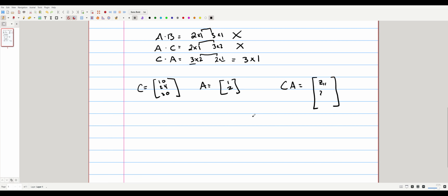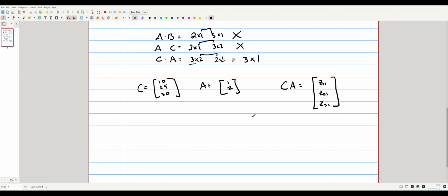This is the second row, first column, third row, first column. And so on the matrix on the left, the first number corresponds to what row you're going to grab, and the second number tells you which column you're going to grab from the second matrix.